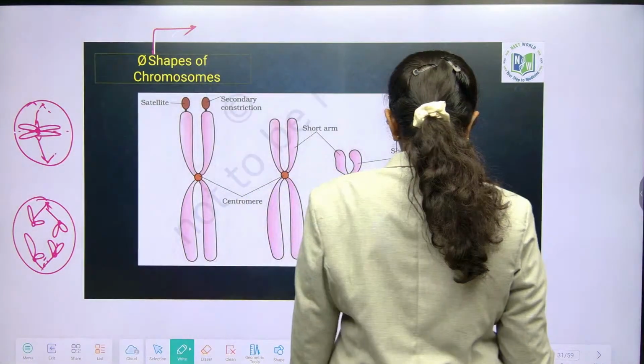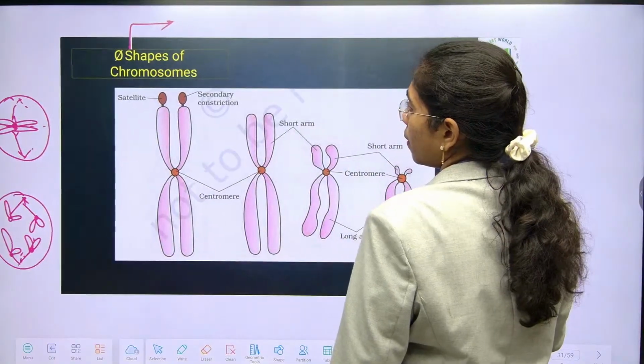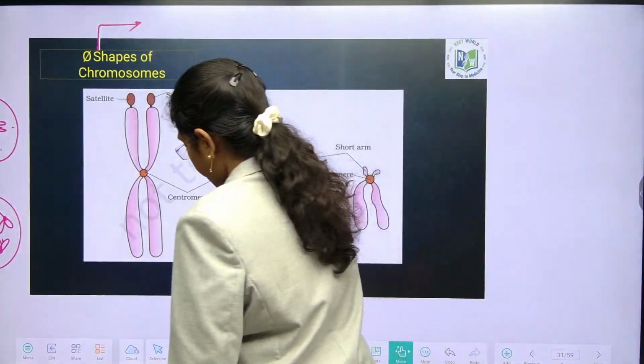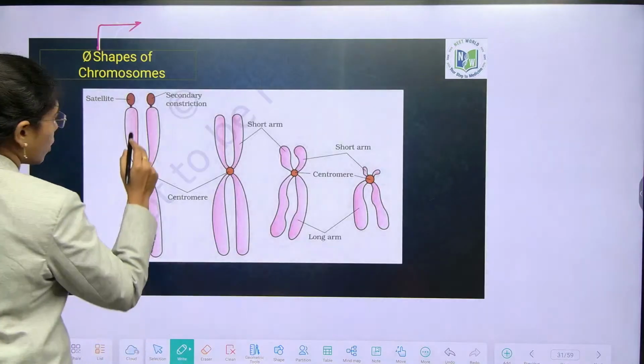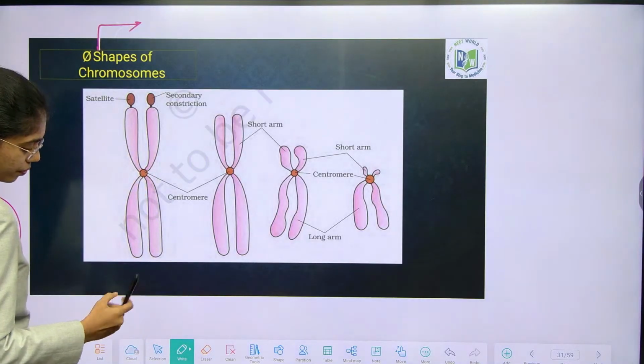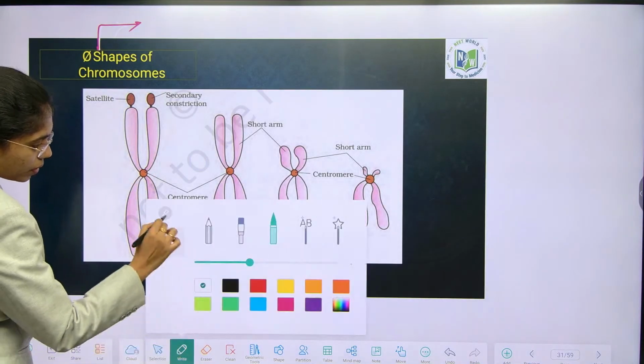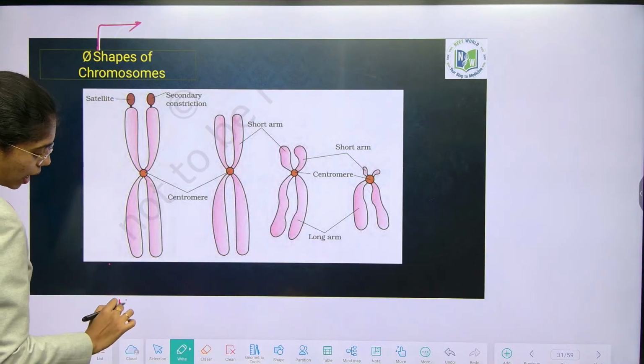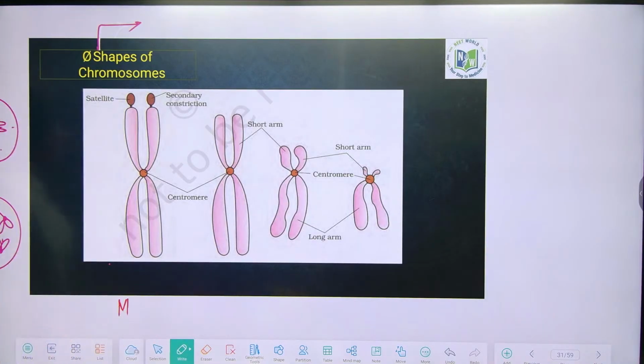Here you see, first is the metacentric chromosome. About shapes of the chromosomes, many times they have asked a question, so listen carefully.